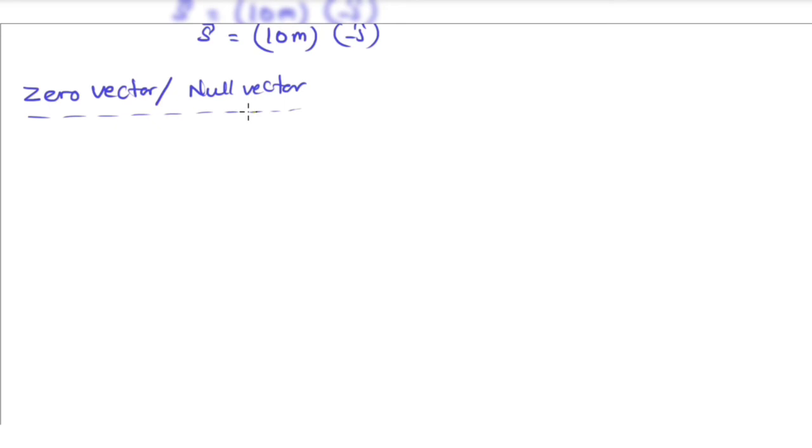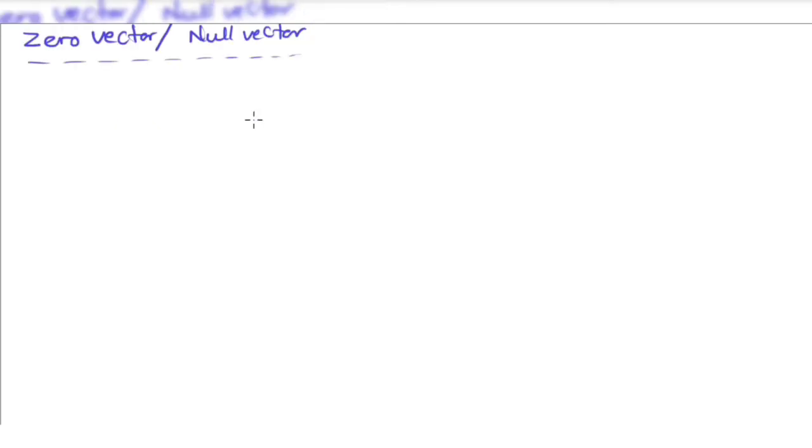So now the question arises, from where the concept of zero vector comes? So remember that when we talk about zero vector, it means the magnitude of the vector is 0.